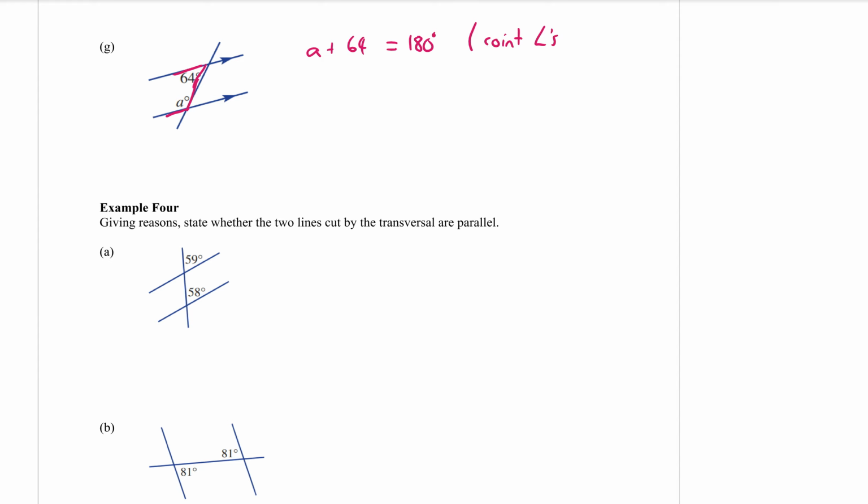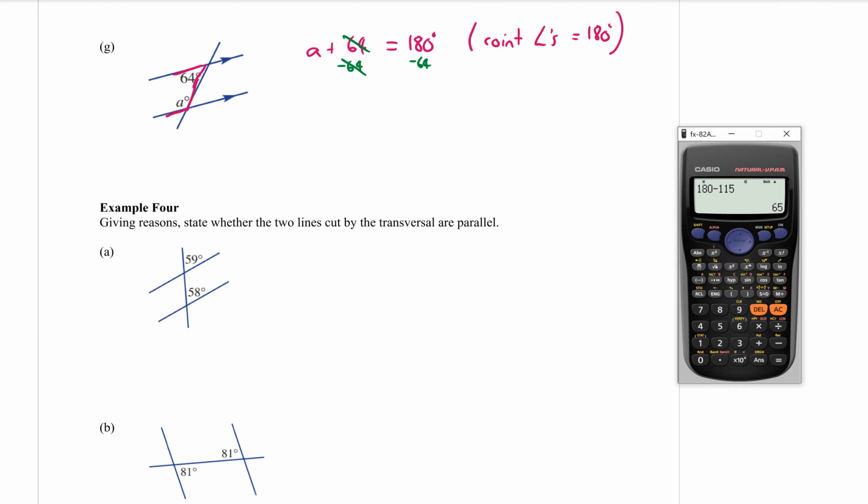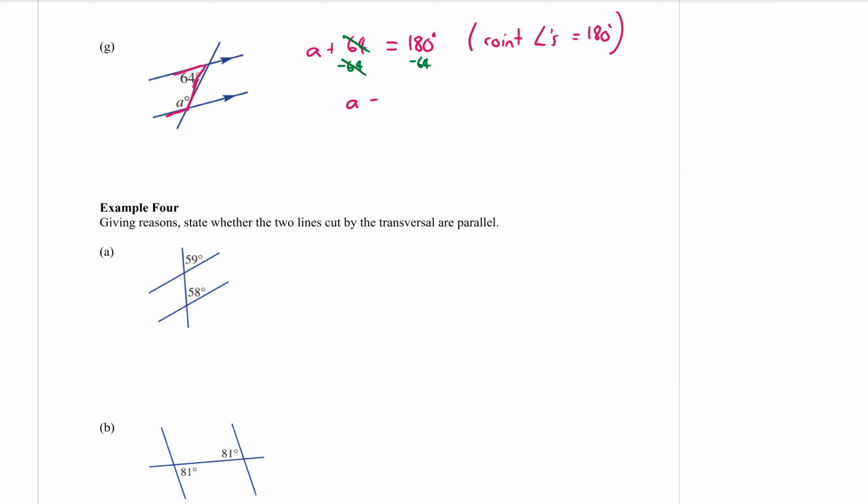Co-interior angles equal 180 degrees. Solve the equation. Subtract the 64. We type in 180 minus 64, and that's equal to 116 degrees.